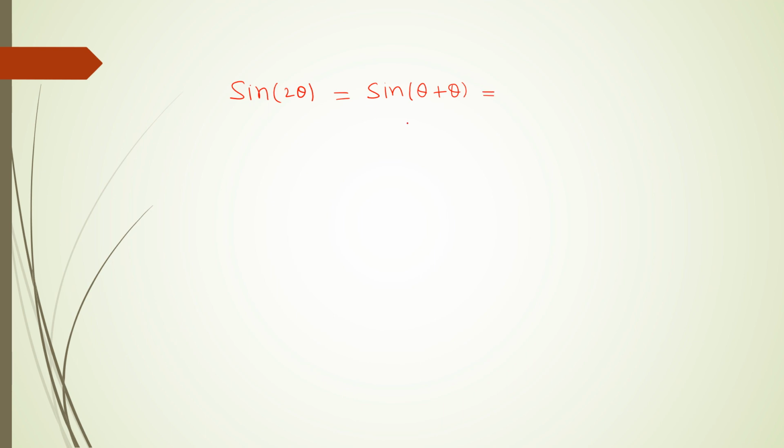Suppose this theta is A and this theta is B. So sin of A plus B, we know, is sin A into cos B plus cos A into sin B. Now we will write it again. A is theta, so sin theta into cos theta plus cos theta into sin theta.